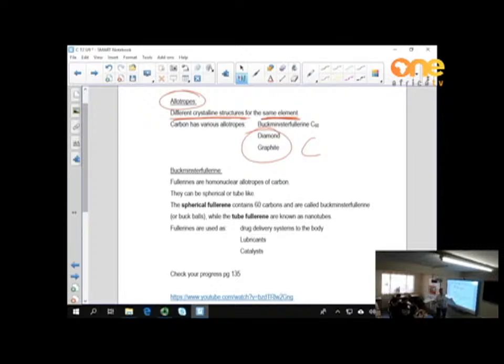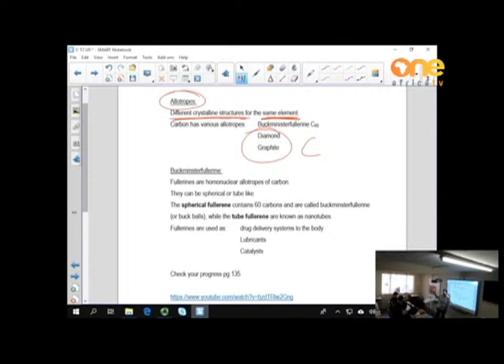Diamonds are formed under very high pressure and very high temperatures, usually in the columns of volcanoes with molten rock and organic matter that is burning and sublimating. When it cools down and there's no oxygen present, then we can get the formation of diamonds. Graphite is formed under different conditions.